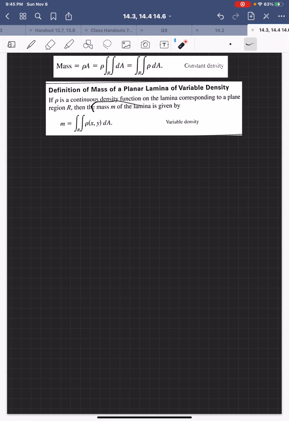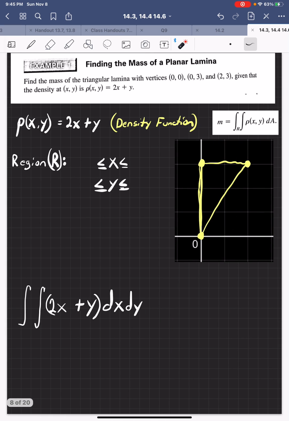So this is what allows us to find mass and centers of mass of planar laminas with variable densities. So no more theory. I'm not a physicist for one, so I'd better get to the mathematics as quickly as I can.